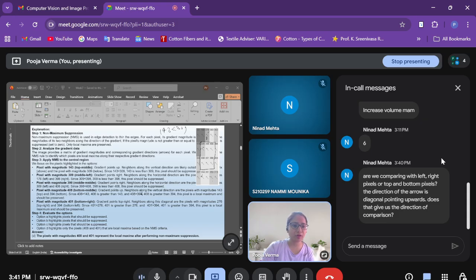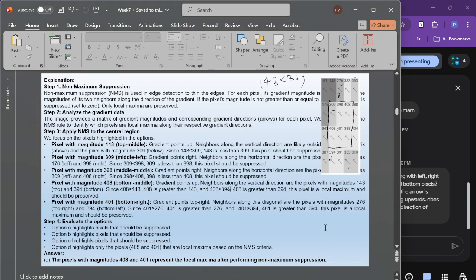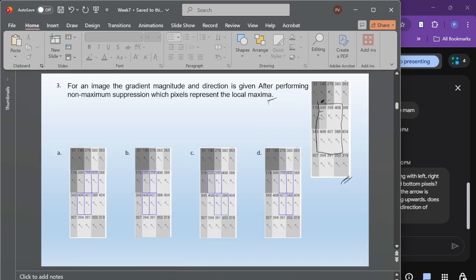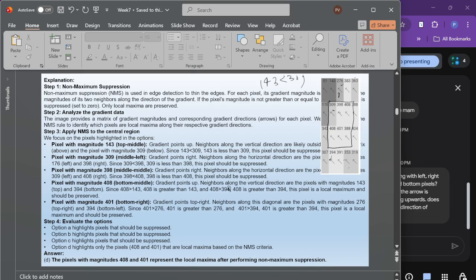We will compare in all directions, left, right, top, and bottom, and the diagonal points upward. Basically, as in the previous one, for 143 we can compare all of them, but they have highlighted only this part, that's why we are focusing on this part. Compare the left, right, top and bottom.